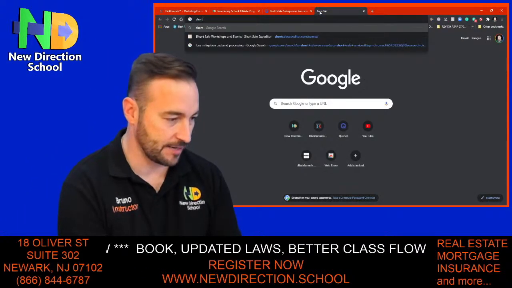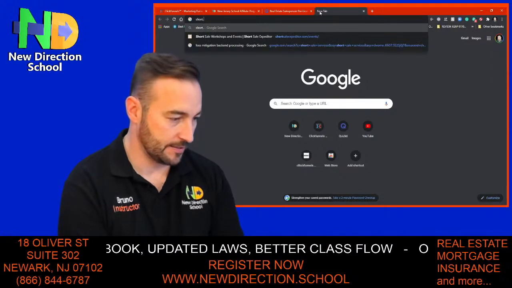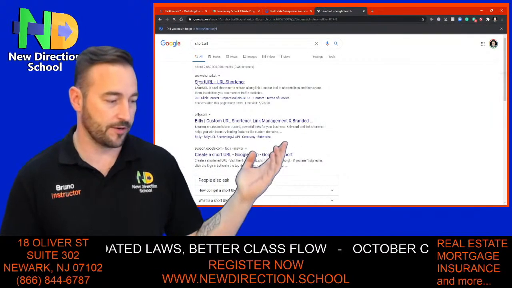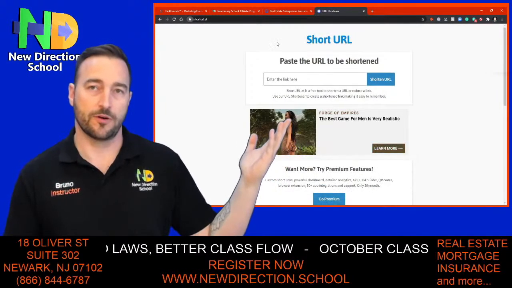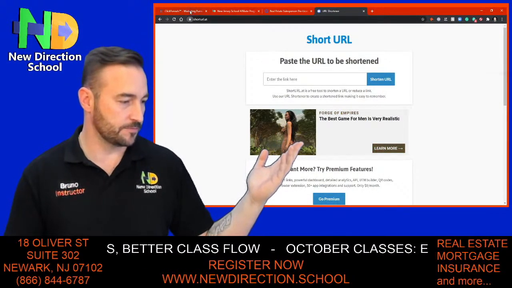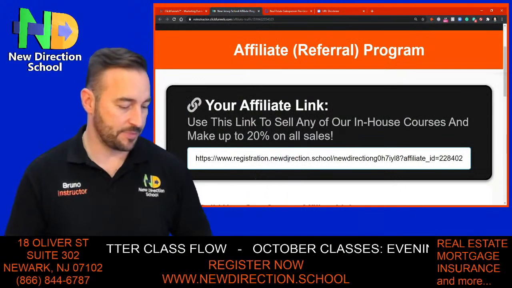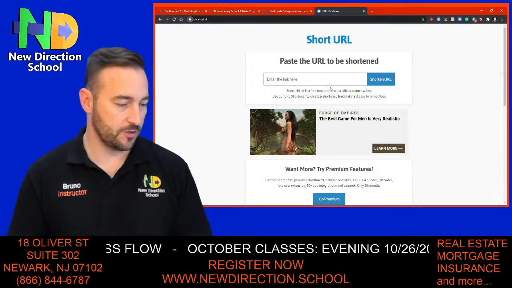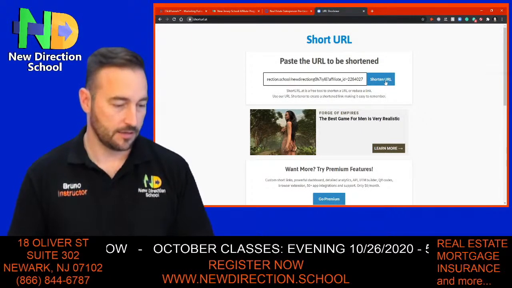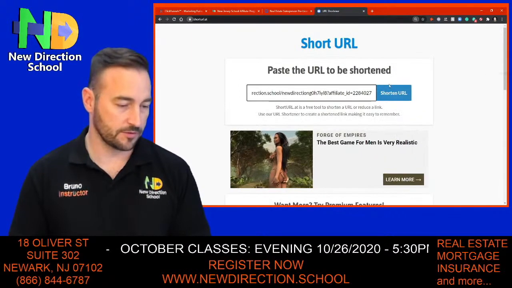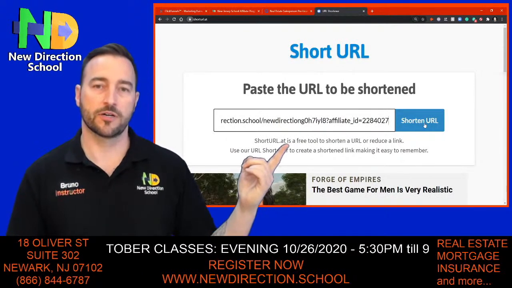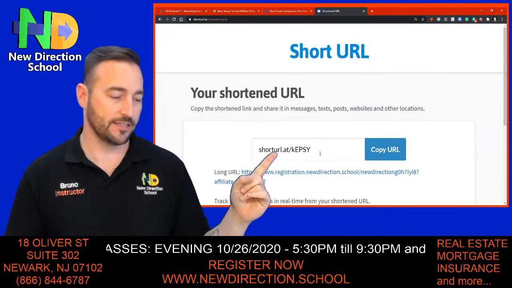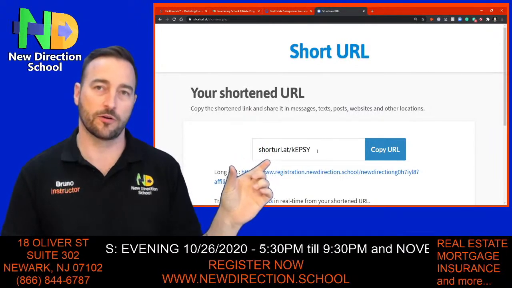You have different places you can go to, like short URL. It's a URL shortener. What you can do is copy everything that's here, come here and paste it, and click on shorten URL. Let me zoom in. You click on shorten URL and it's still your link. It's still your ID, but it's hidden behind this shorter code.